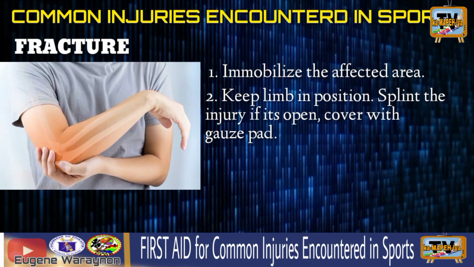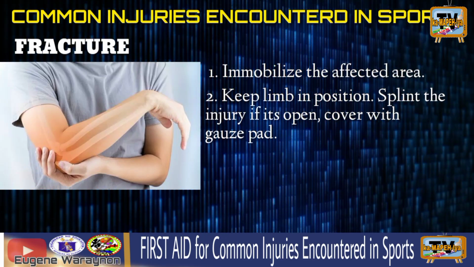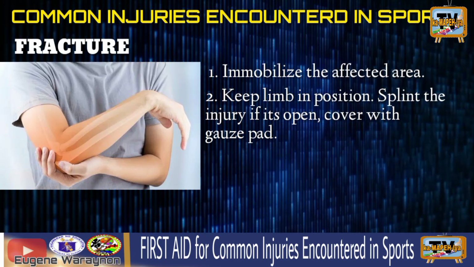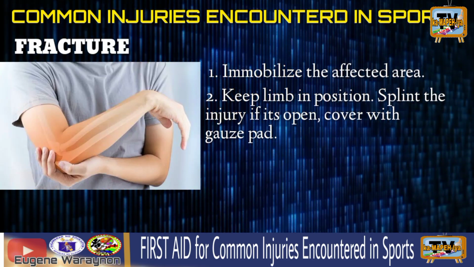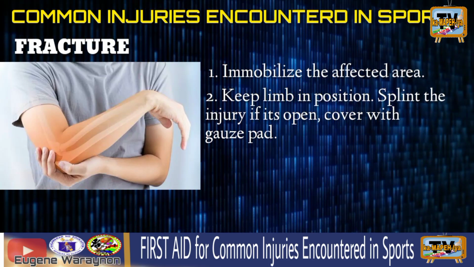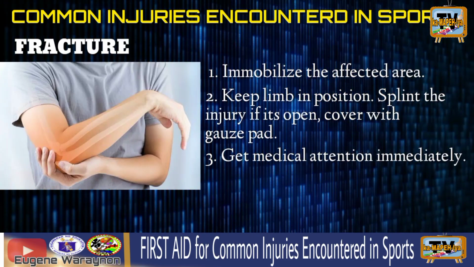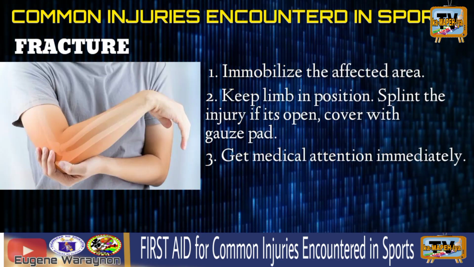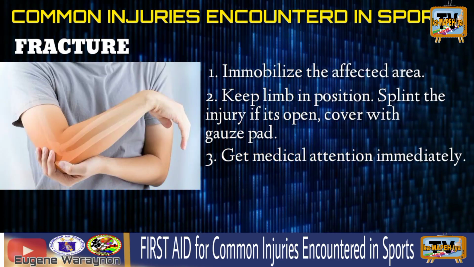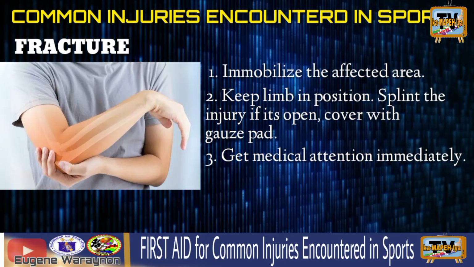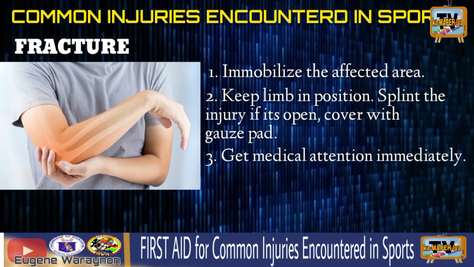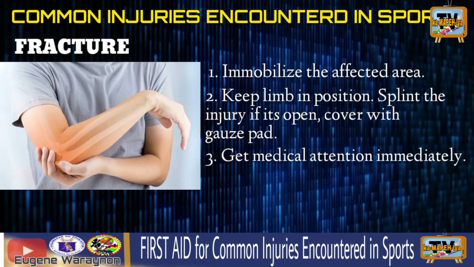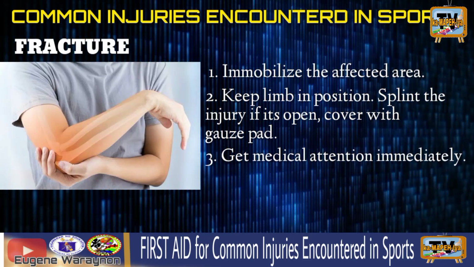If there is an open injury, cover it with a clean gauze pad. Apply pressure to control bleeding. Get medical attention immediately. Fractures of the femur and pelvis may cause severe internal bleeding. And most importantly, don't give the person anything to eat or drink in case surgery is needed.